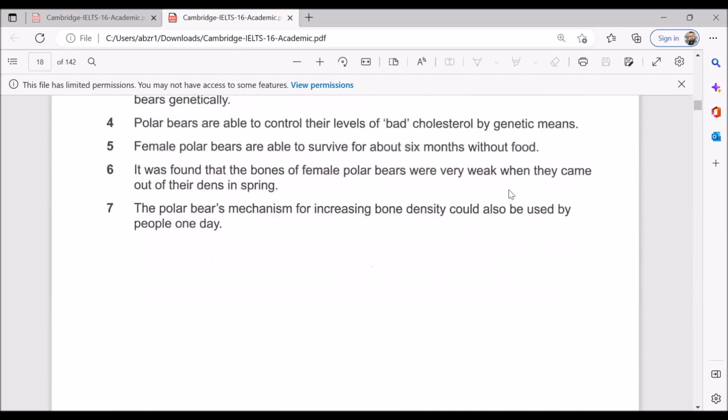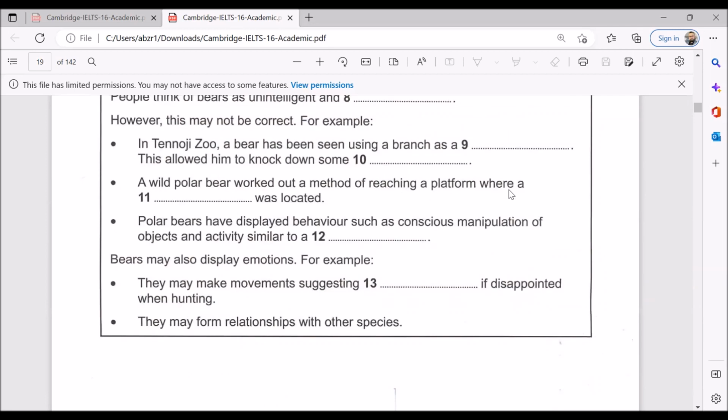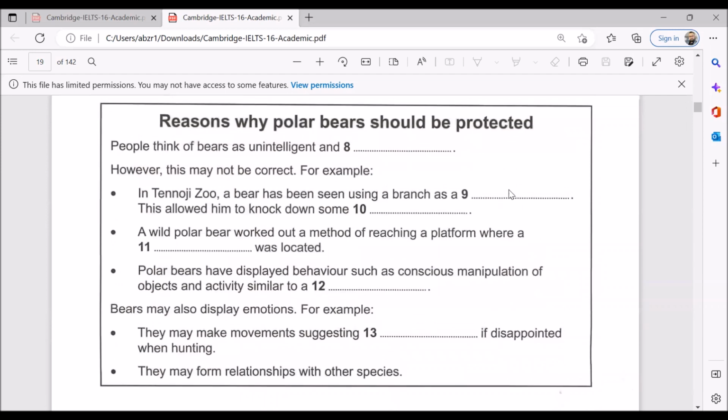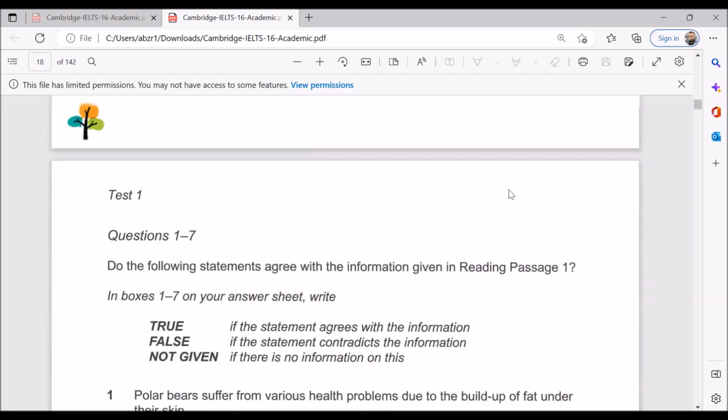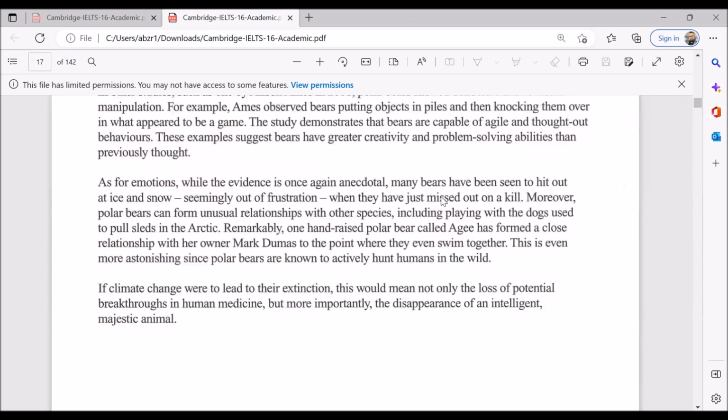And the question says they may make movements suggesting frustration if disappointed when hunting. And for hunting, the alternative they used there was when they have just missed out on a kill. Many bears have been seen to hit out at ice and snow.